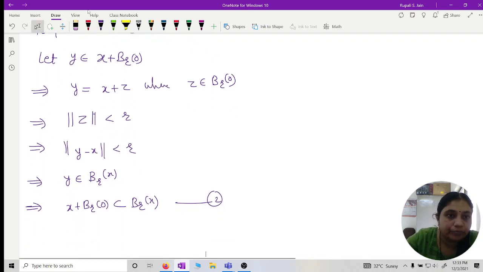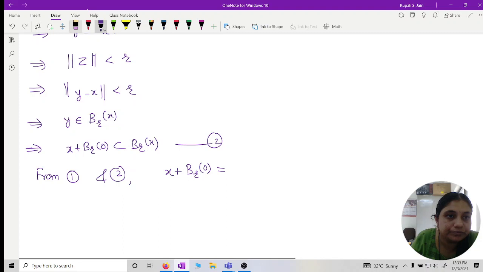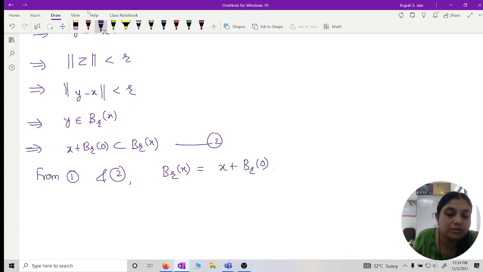So from 1 and 2, B_R(x) can be written as x plus B_R(0). Similarly, what do we want to prove now?